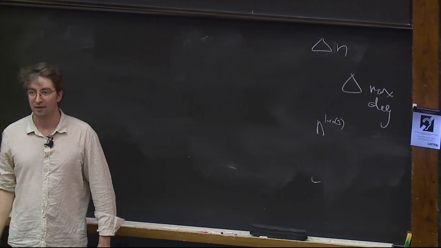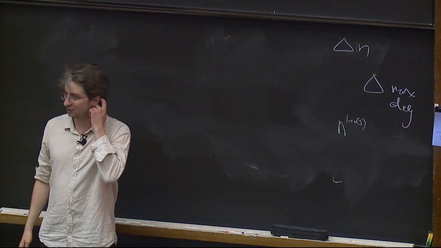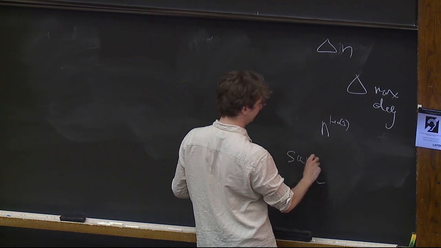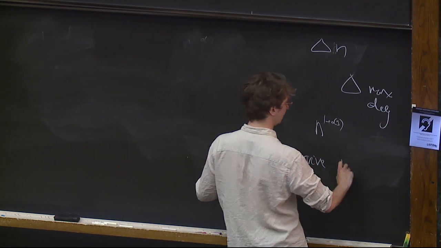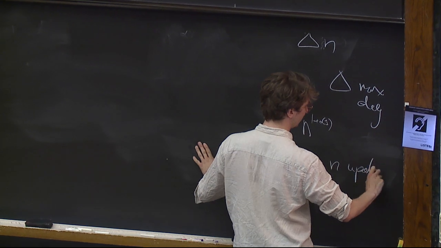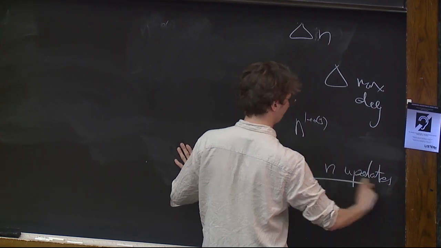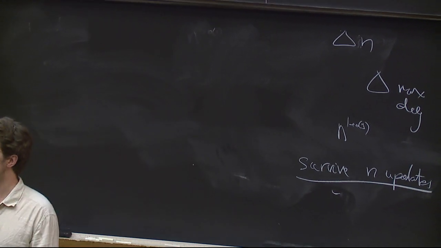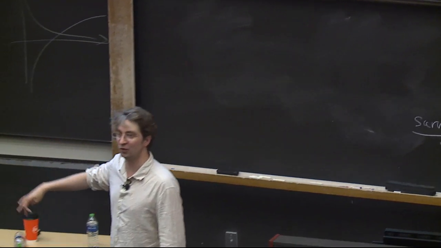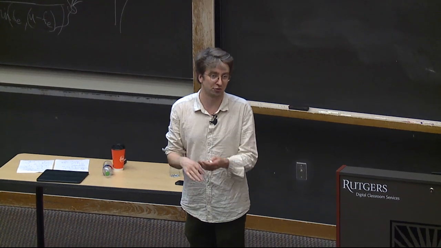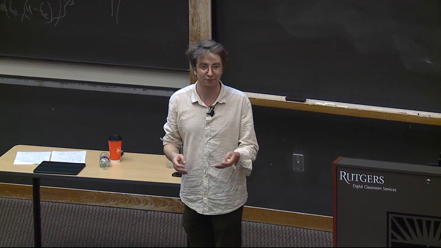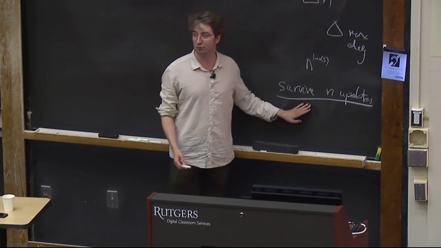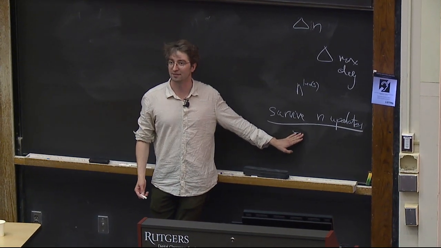Now, my goal is just going to be to survive through n updates. I know that n updates, at least with the current scheme, will only cause order n insertions into the graph in terms of new edges. So it's still very sparse if I survive through patching n updates.